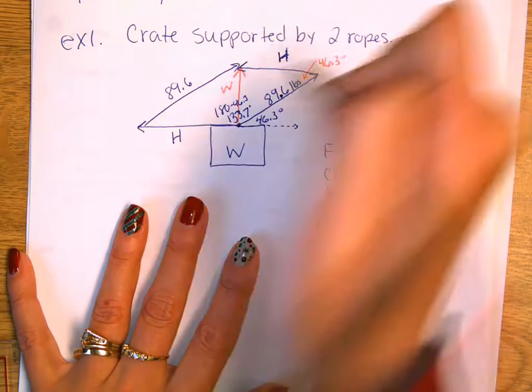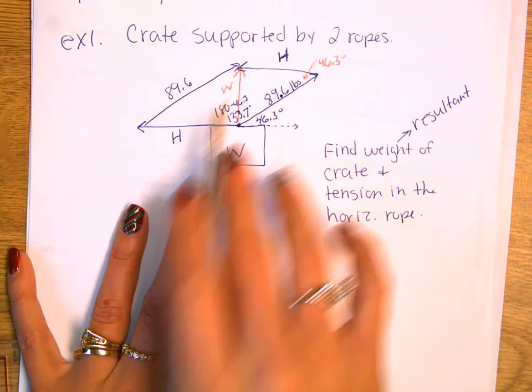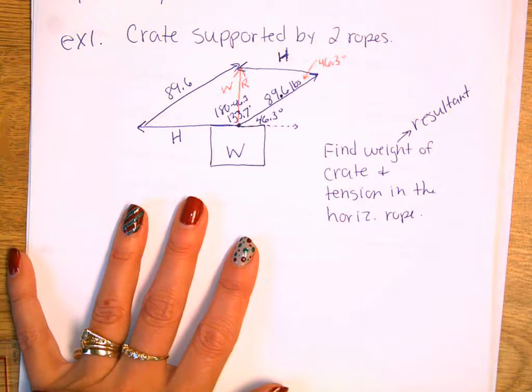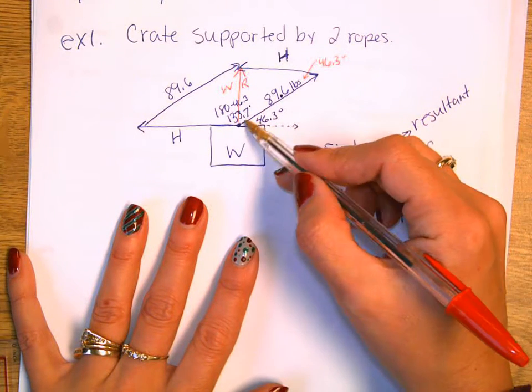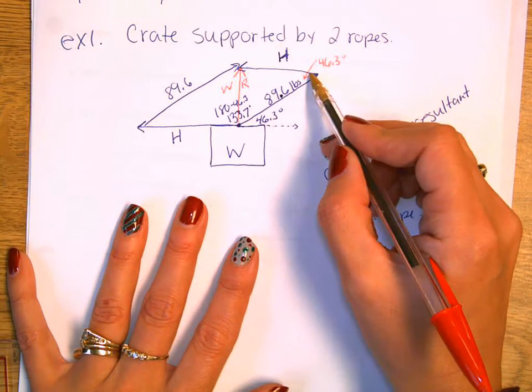The weight of the box is the resultant. W equals R here. I said weight, but it is resultant. 133.7 minus 46.3, right? I can use alternate interior angles, or it's 180 minus the 133.7 because of the parallelogram. The consecutive angles have to add up to 180.